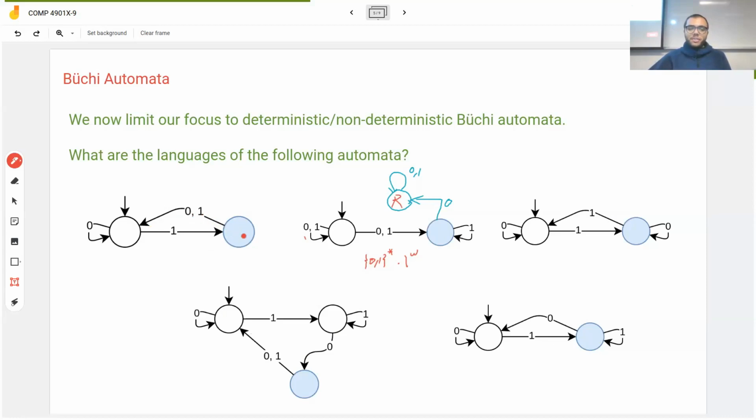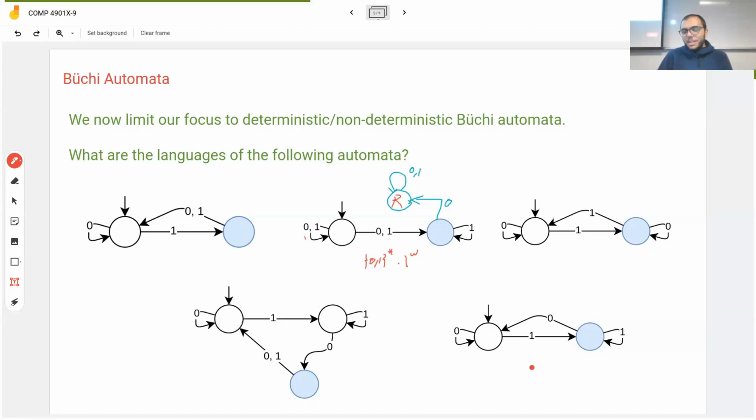Before, if we were here and read a one, we would go back to the left, but now... In this case, if we want to stay in the target for infinitely many times, all the edges going into that target are ones. Yes, I think it is even simpler than the first one. Well, they both have the same number of states, so I don't think it's simpler, but yes, it accepts the same language.